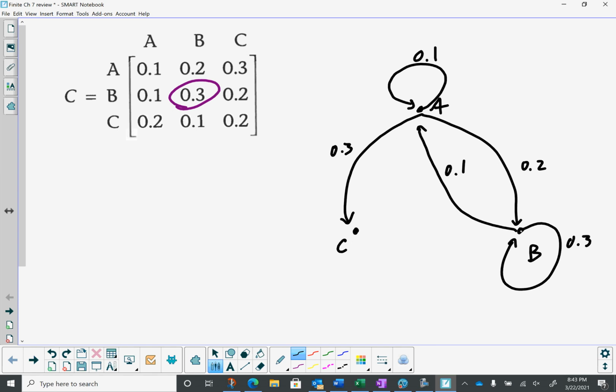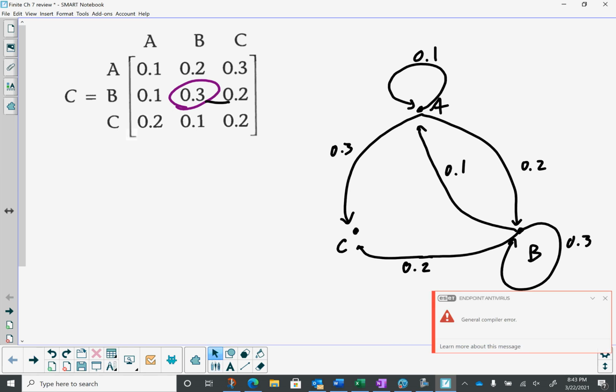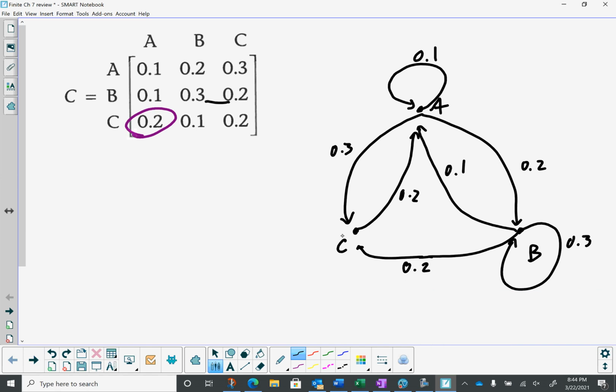0.3, and then B to C. That's another 0.3. Sorry, that's a 0.2. And then C to A, 0.2.